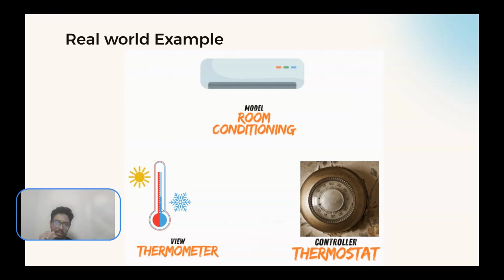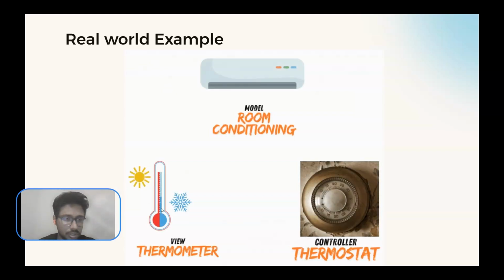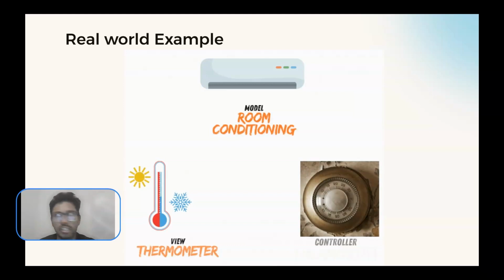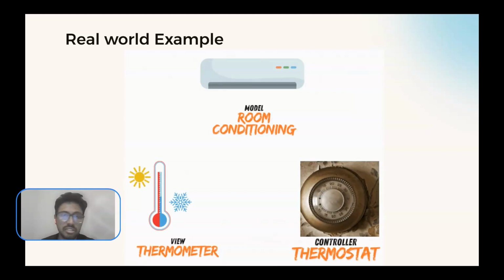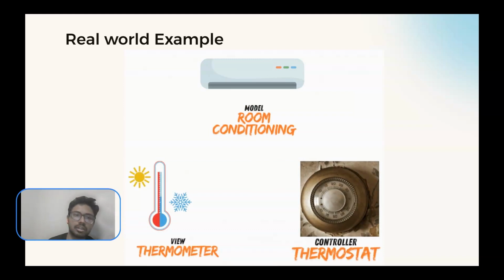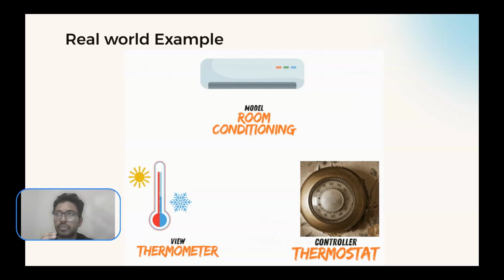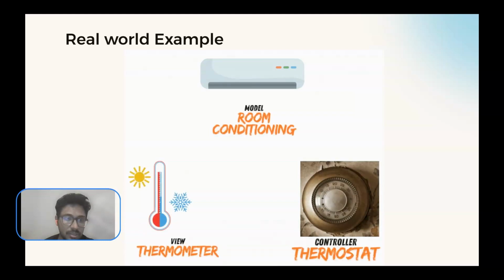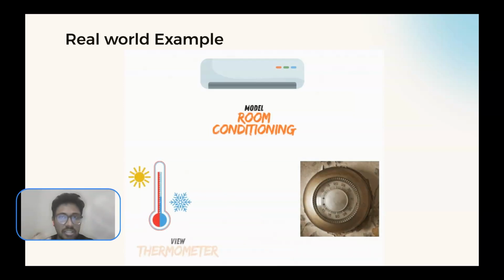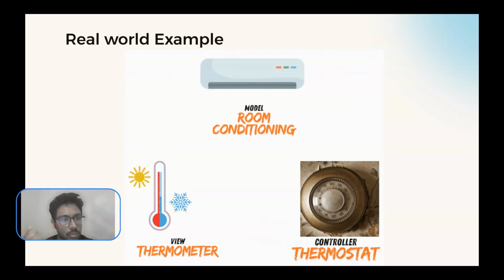Now, let's say you do not have a thermometer. You can easily substitute the view with something which is not even part of the system. Let's say you're increasing the temperature and the air conditioning system changes to heat mode and you're getting hot air.